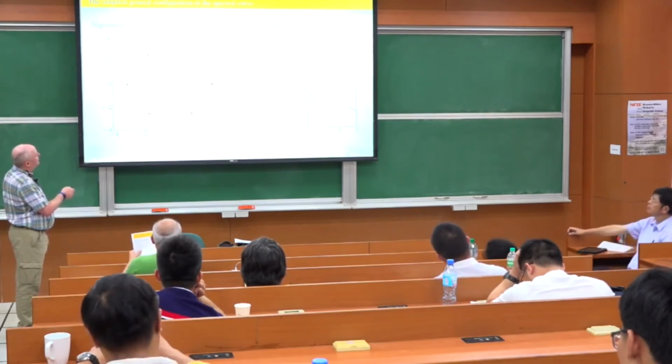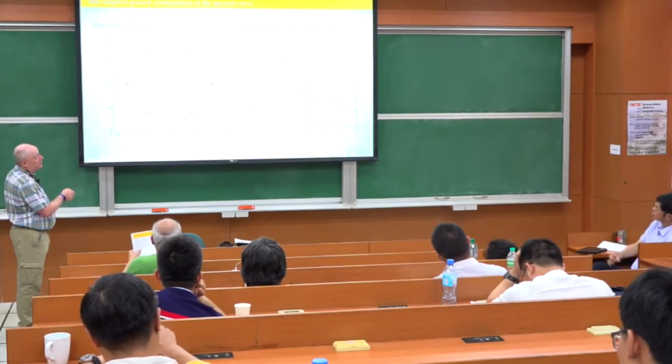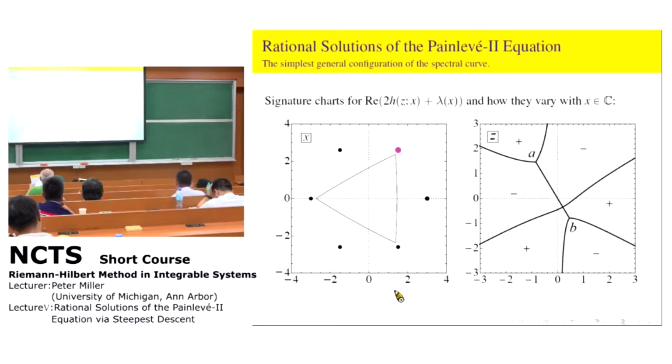This is the real part of some analytic function. In other words, the black curves are the zero level curves of this nice function of two variables, except the function has some kind of a corner along this curve here. That's why we don't see the branch cut there.